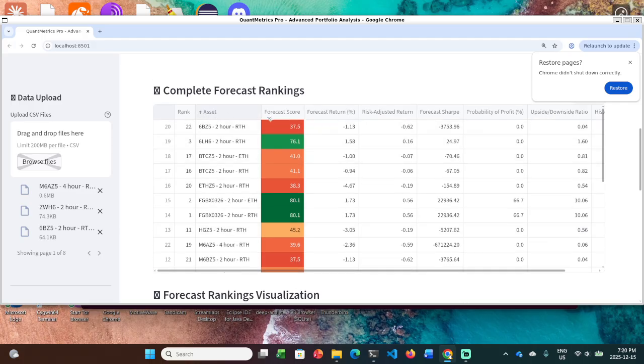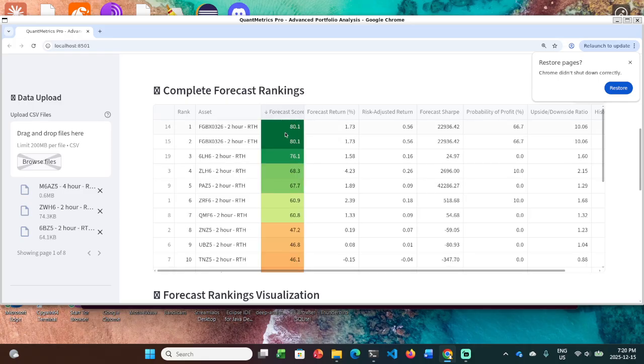So coming back to different ways we could measure this, in our case we have these particular instruments with a forecast score of 60, but the ones we really want to pay attention to is our forecast return based upon the backtest of these instruments.